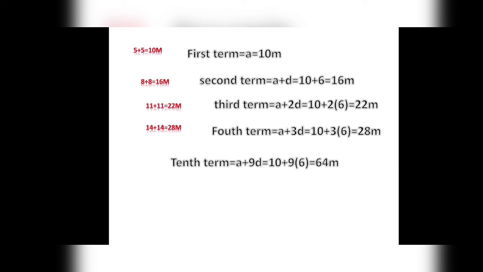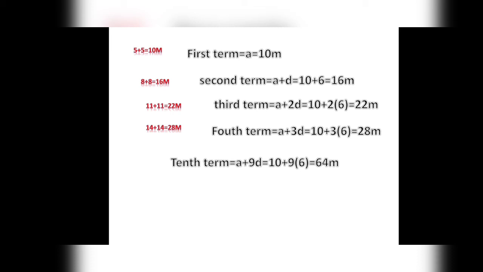And similarly, when you calculate the 10th term using the nth term formula of AP, we get it as 64, which is the sum of 10 plus 54.